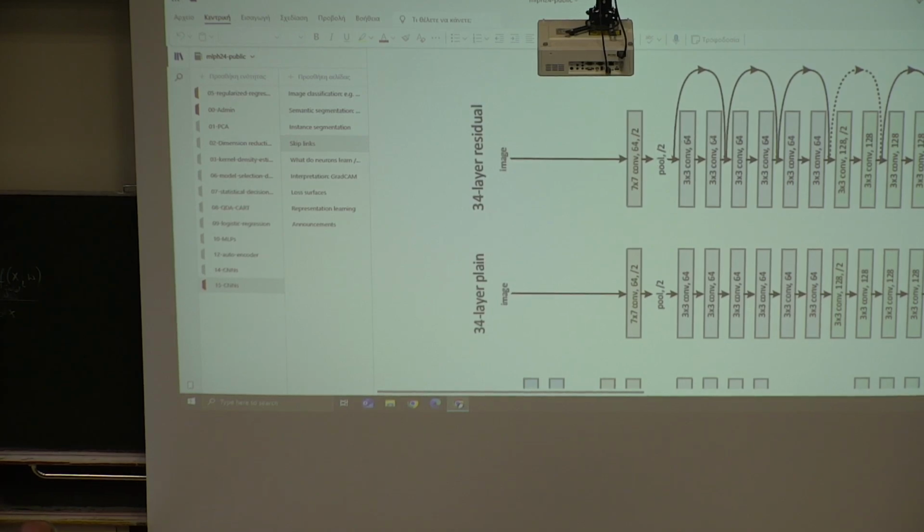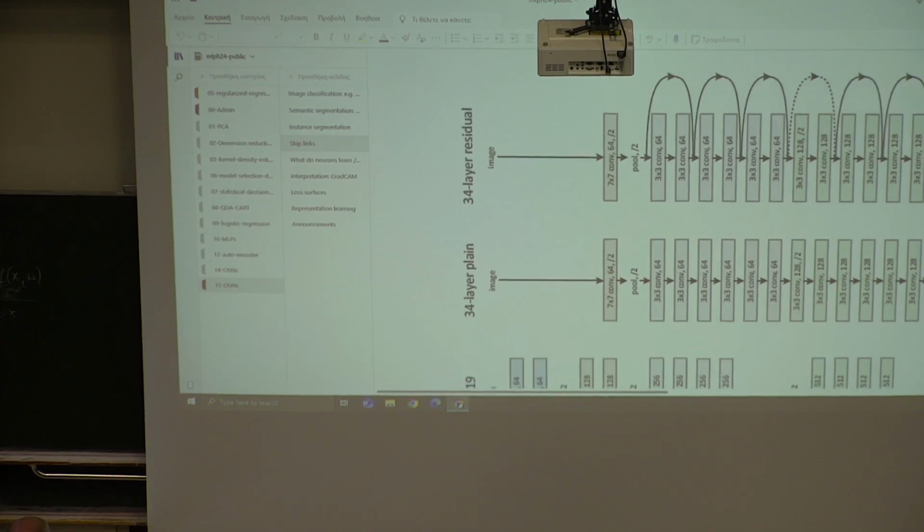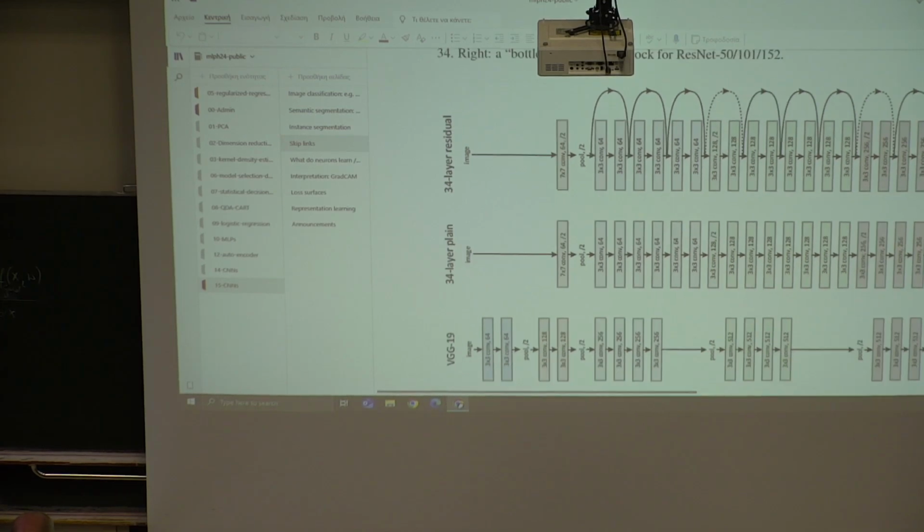And at this stage, it's only 64 by 64. And this other number here indicates the number of channels. So here we had 64 channels, here we have 128 channels, then we even have 256 channels. So we go to lower and lower spatial resolution.